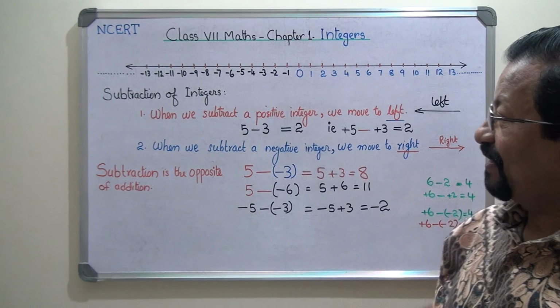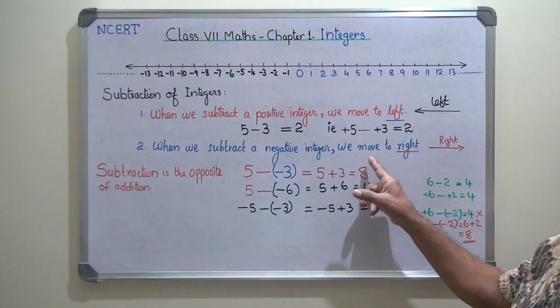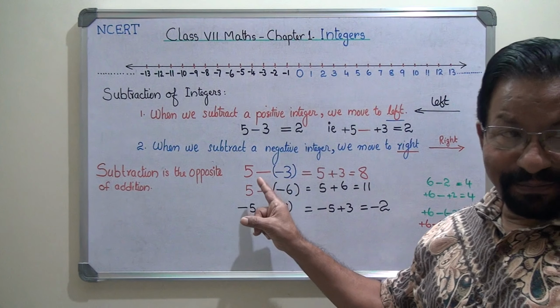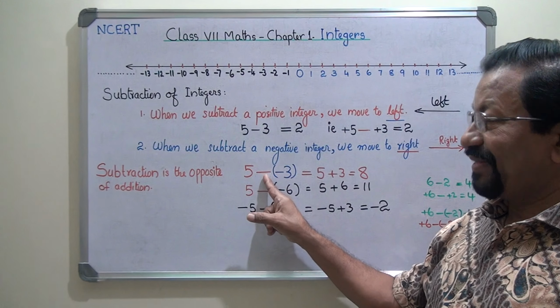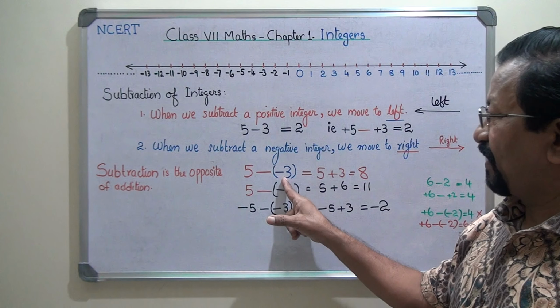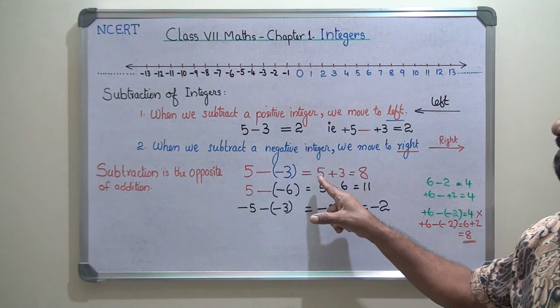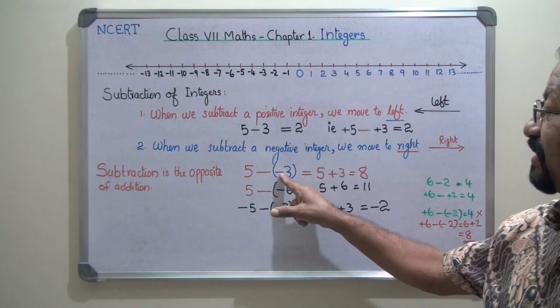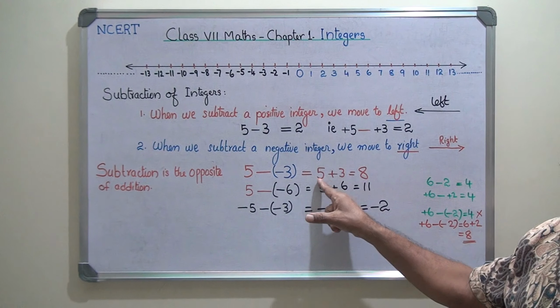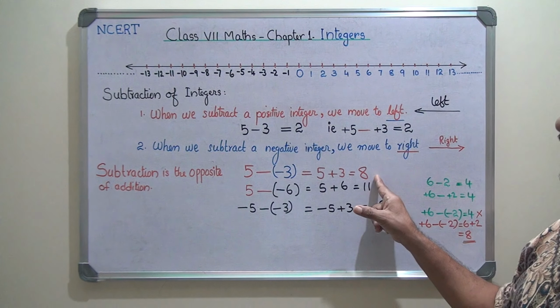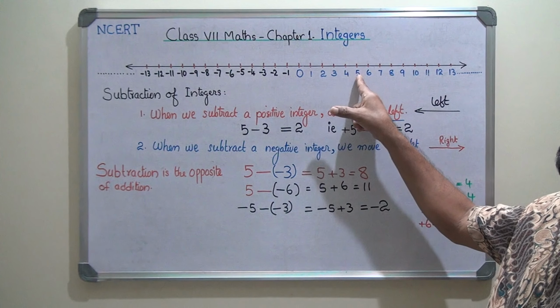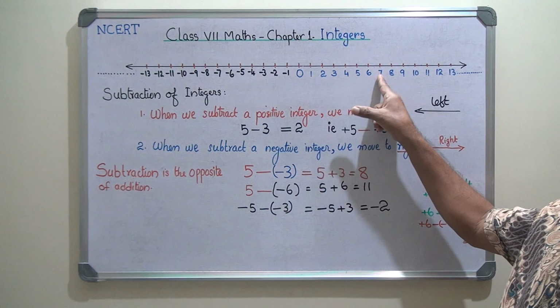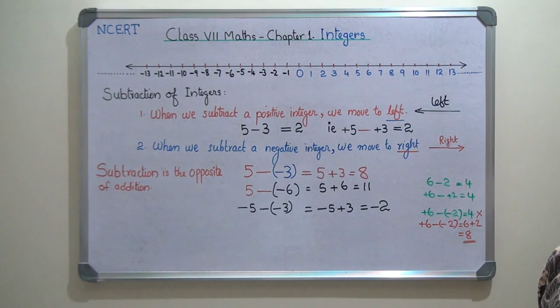In the case of addition of a positive integer, we move to the right. For example, 5 minus of minus 3 is 5 plus 3, which is equal to 8. That means 3 steps we are moving, 1, 2, 3, we are coming to 8.